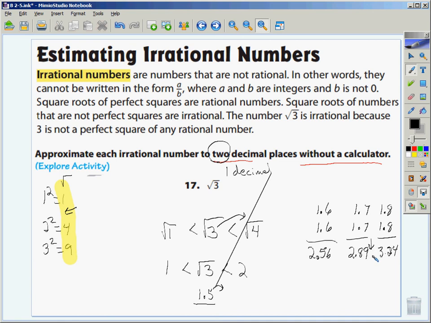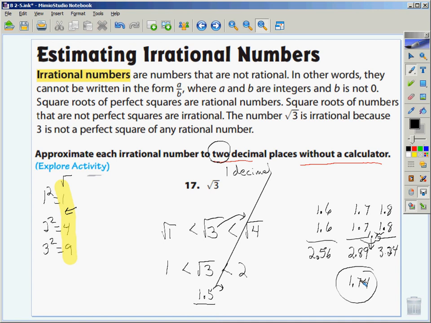So you'd pick the middle between 1.7 and 1.8, and you'd go to this side of it. So it might be 1.74. Multiply 1.74 times 1.74. 3.02. That's pretty close, isn't it?